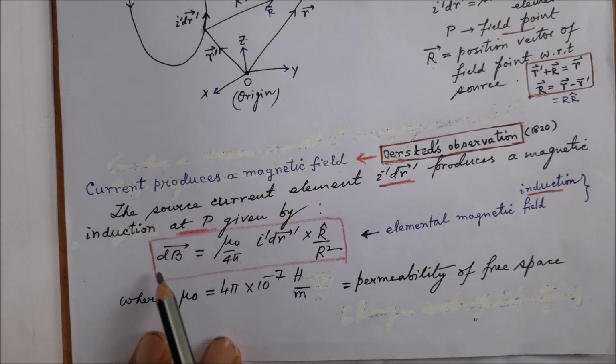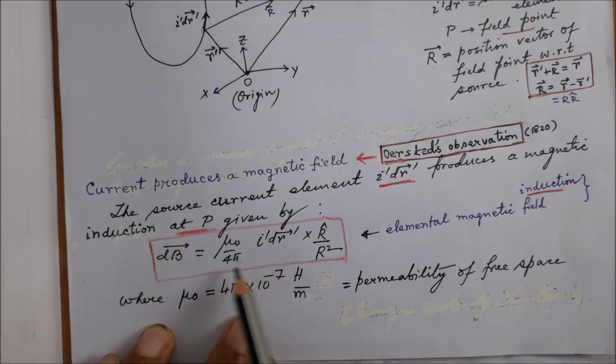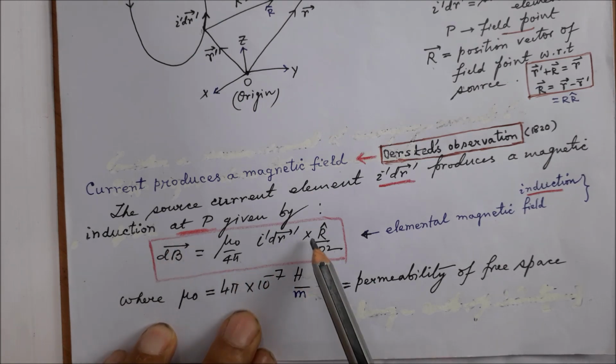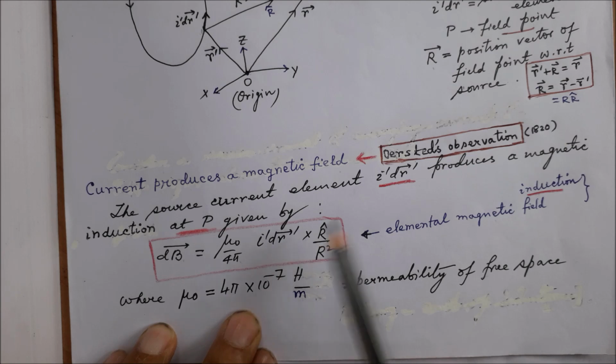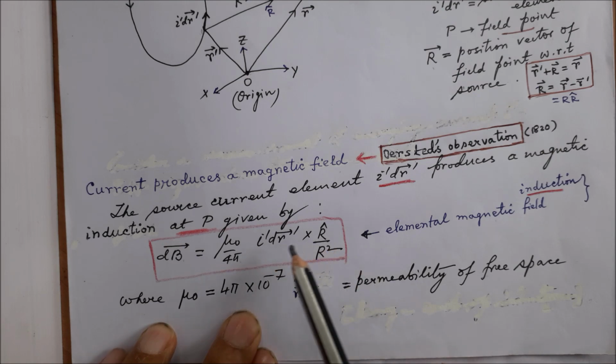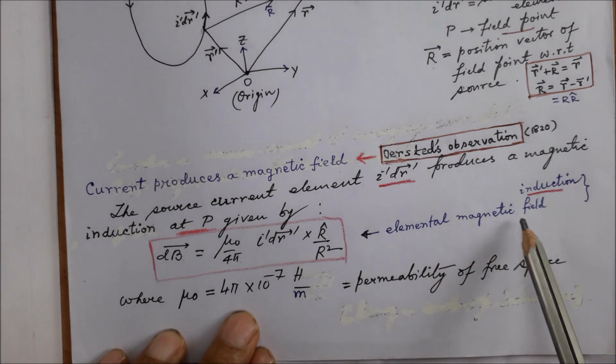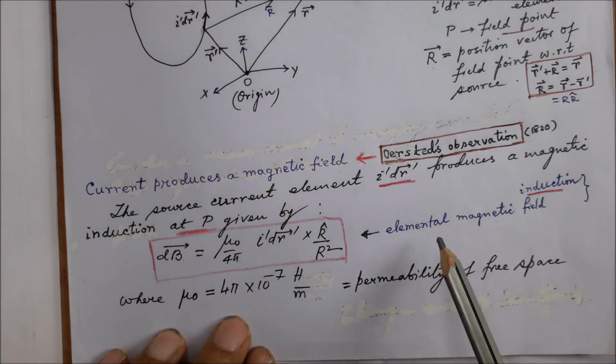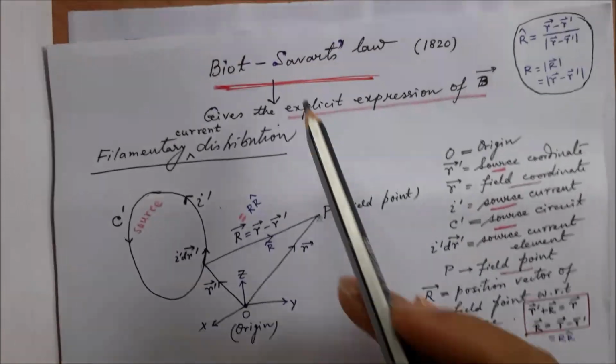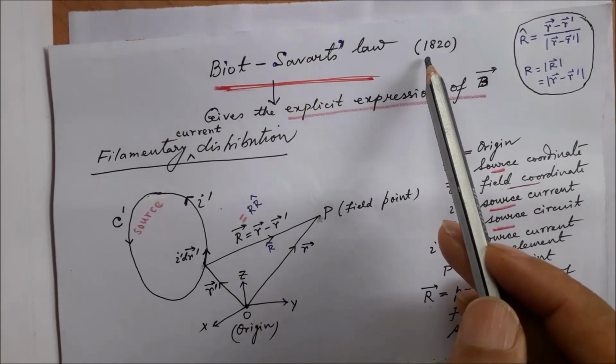And this elemental magnetic induction has this structure, where this cross stands for the cross product. So if you remove it, you have to replace it by a sign, and of course the resultant direction will come into play. So this is the elemental magnetic induction as suggested by Savart's law in 1820.